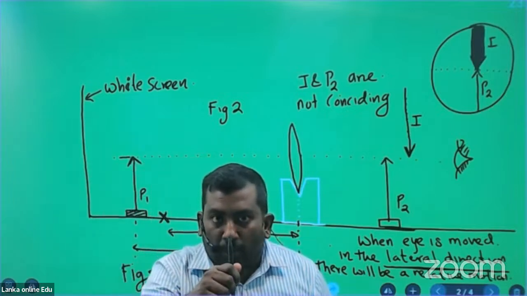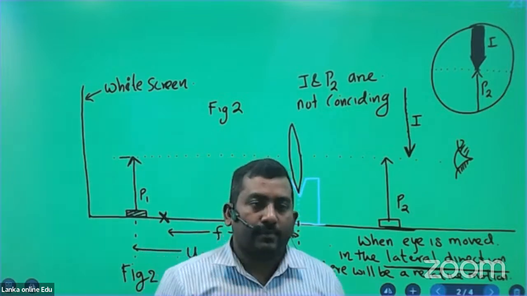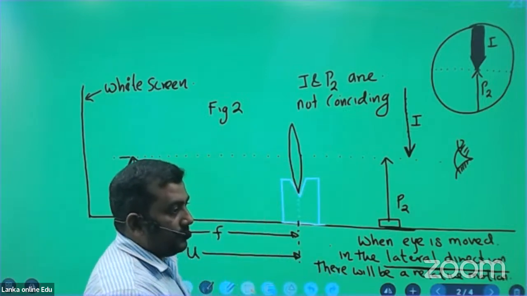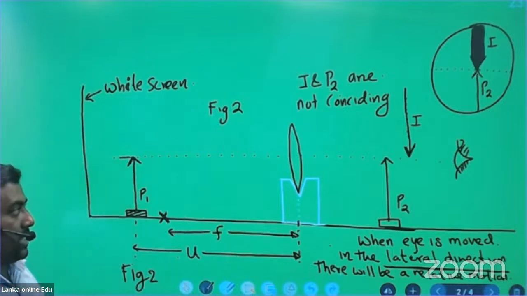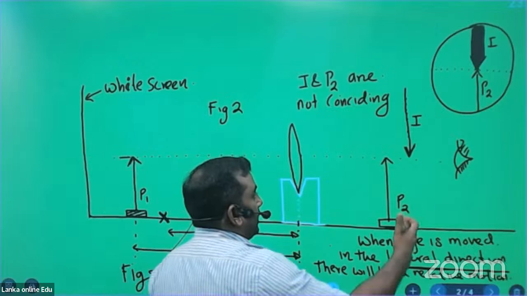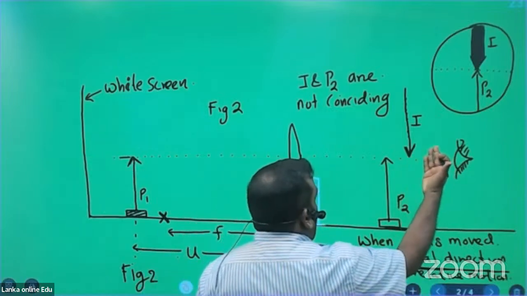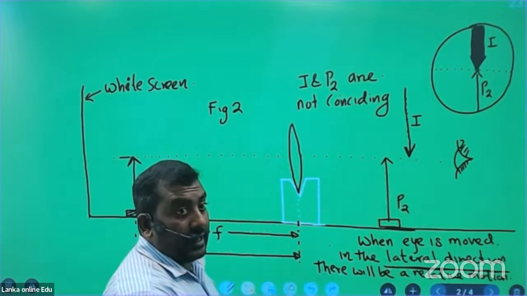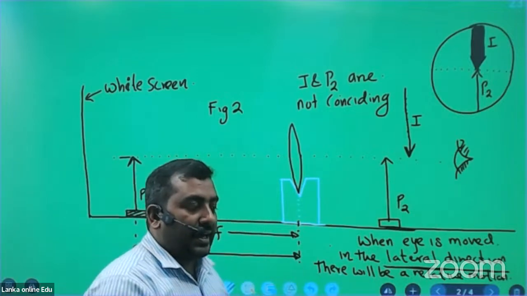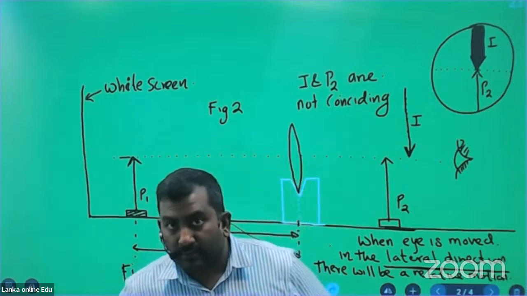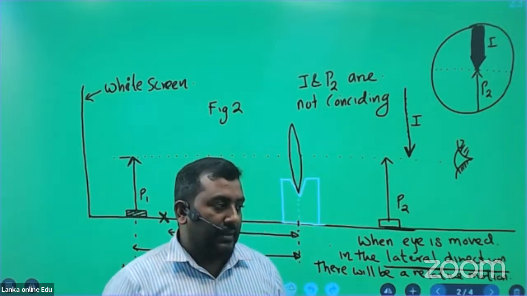We change the position of pin P2 and we move the eye in the lateral direction. Now this is lateral, that's lateral, okay?